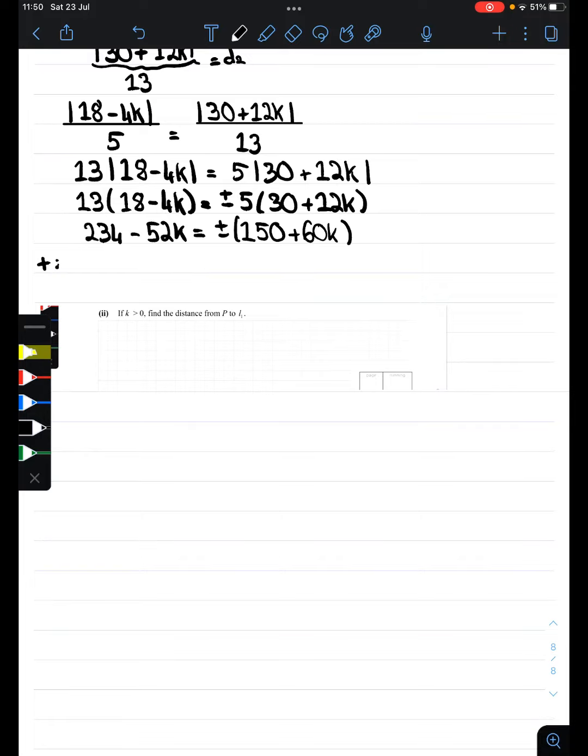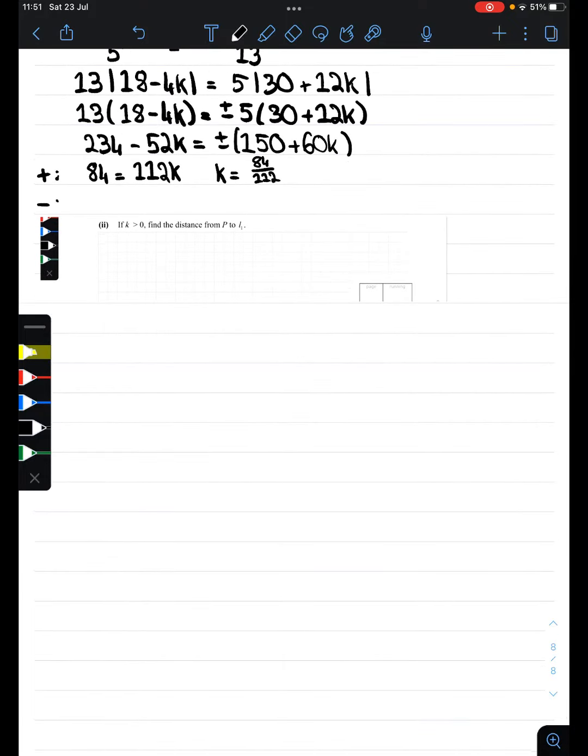All right, so if it's a plus, then let's bring the 52k over, and we get 84 equals 60k plus 52k is 112k. So k equals 84 over 112.